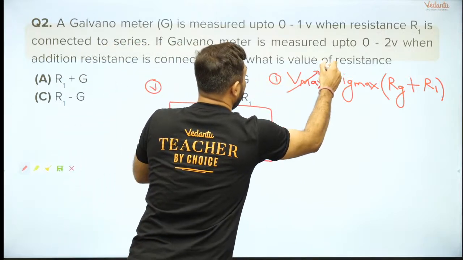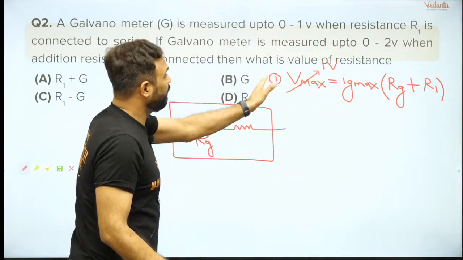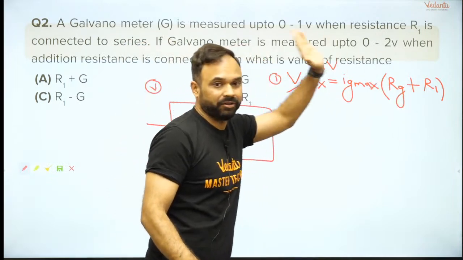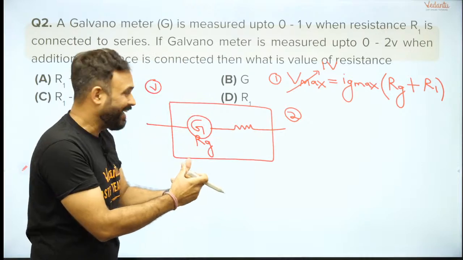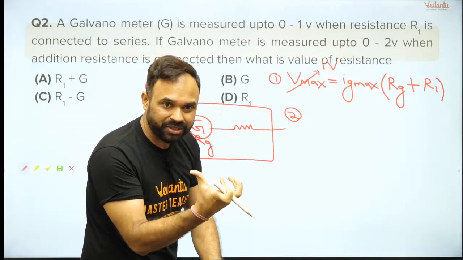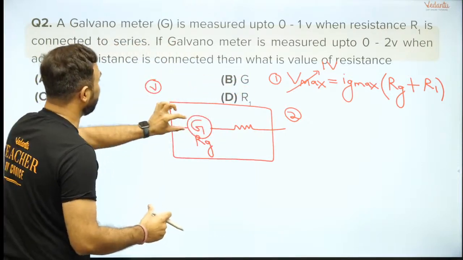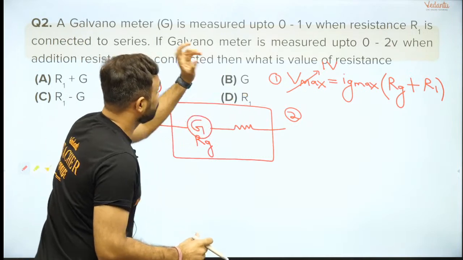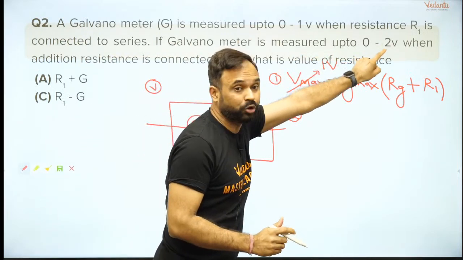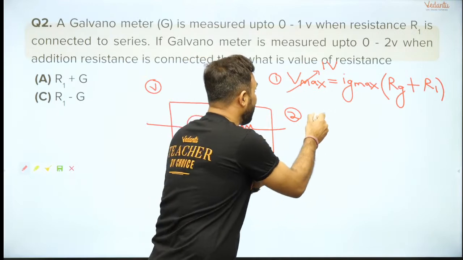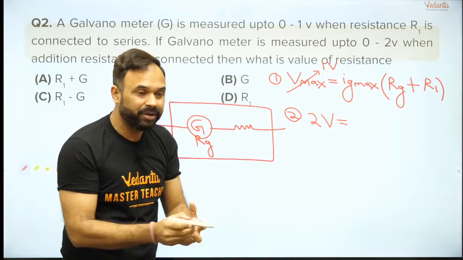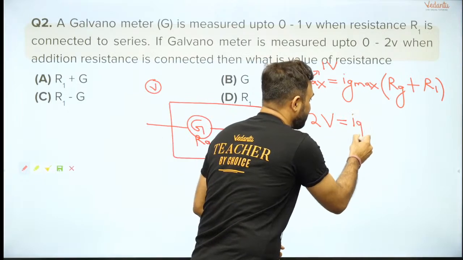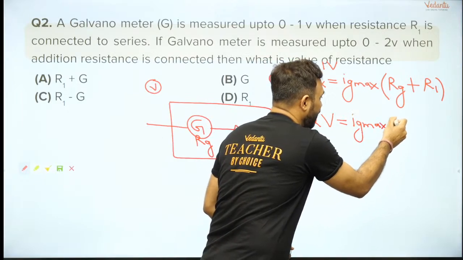So what happened? In the first case, what you connected was R1. You connected R1 in series, and the maximum that it measured was 1V. So 1V is Ig max into Rg plus R1. Now, you refurbished this device and you again took the same galvanometer and now you connected something else in series so that it can measure a maximum of 2V.